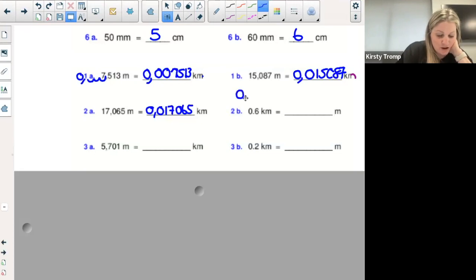We've got 0,006. And do you agree there's a whole lot of zeros here? Yes, ma'am. So we want to move the comma how many times? How many zeros are there in 1,000? 3. There are 3 zeros. So we're going to move it 3 times. So 1, 2, 3. Do you agree? Yes, ma'am.